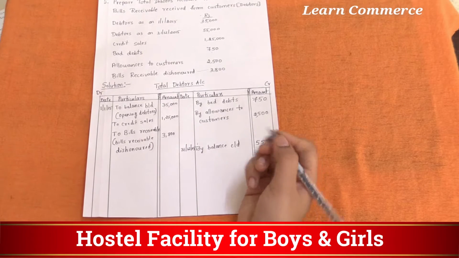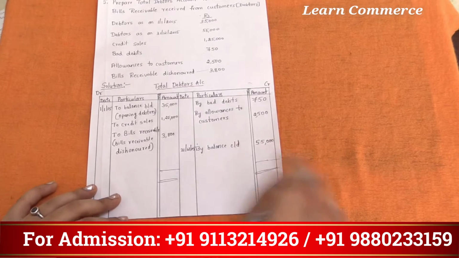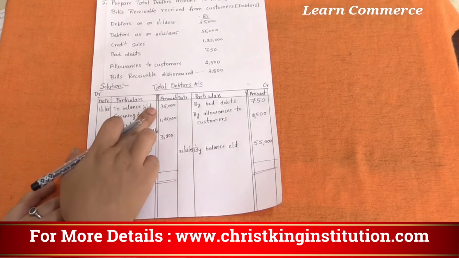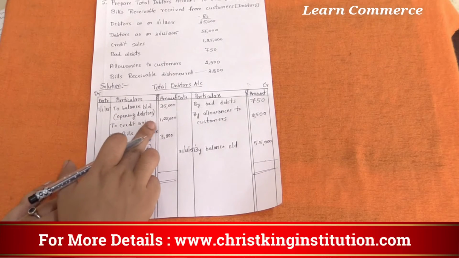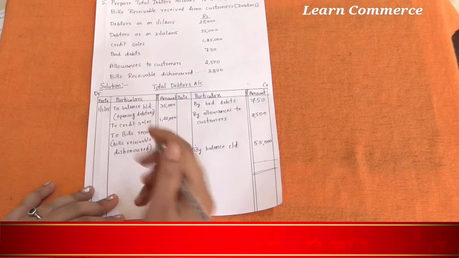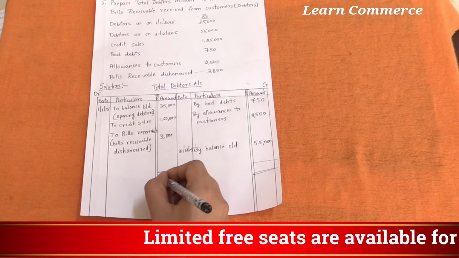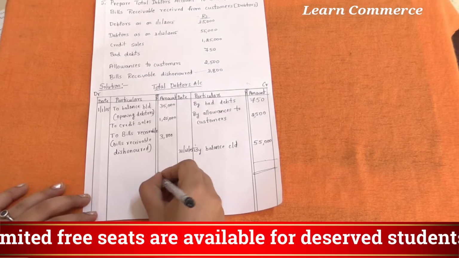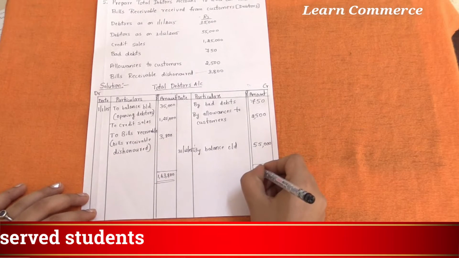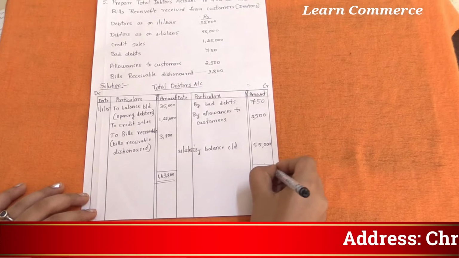Okay. Now make the total of both the sides. Just compare which side amount is more. I hope the debit side amount is more. 35,000 plus 1,25,000 plus 3,800, it will be 1,63,800. Here also on the credit side write the same amount, 1,63,800.